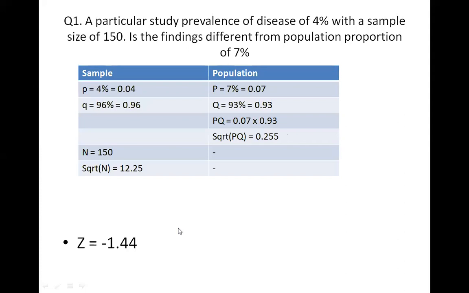Since the absolute value of this Z is less than 1.96, the inference is that there is no significant difference between the sample proportion and the population proportion. Is it clear? Any doubts?